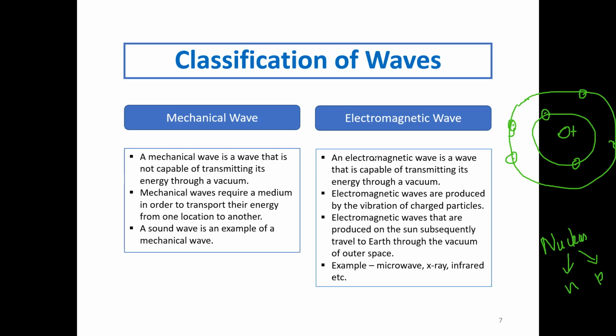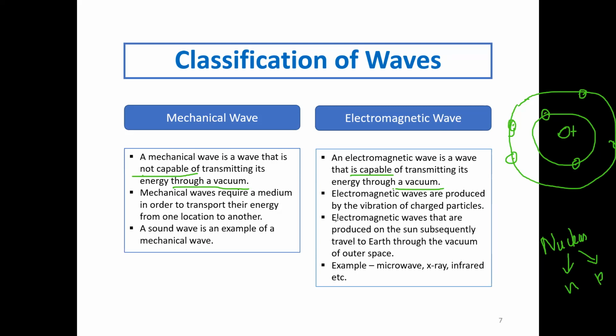So an electromagnetic wave is a wave that is capable of transmitting through a vacuum, and a mechanical wave is not capable. That is the main difference between the mechanical wave and the electromagnetic wave. Electromagnetic waves that are produced on the sun subsequently travel to Earth through the vacuum of outer space.